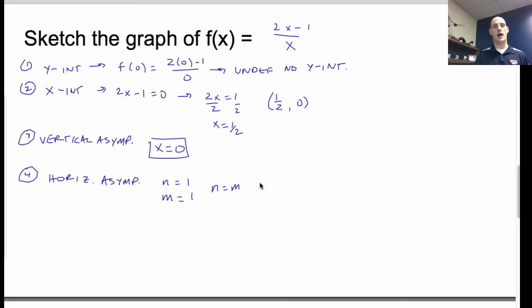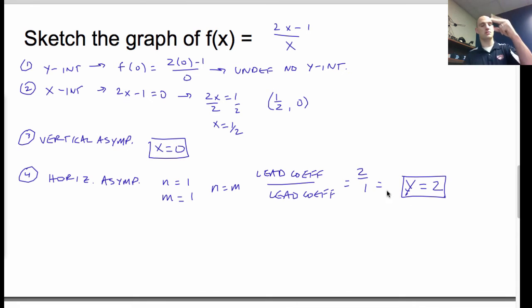So that means I have lead coefficient over lead coefficient. And so in this case, the lead coefficient of my top is 2, the lead coefficient of my bottom is 1, so my horizontal asymptote is at y equals 2, because the degrees of the powers were equal.